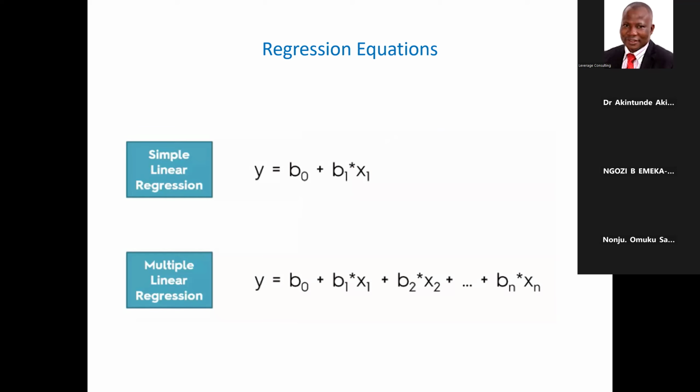Look at it, b1 x1: the regression coefficient goes with x, but the one without x, where the value of x is 0, we call b0 instead of calling it a. So this first one is the simple linear regression equation. The second one is multiple regression, when you have many x, many exposures. That's the way it is written.